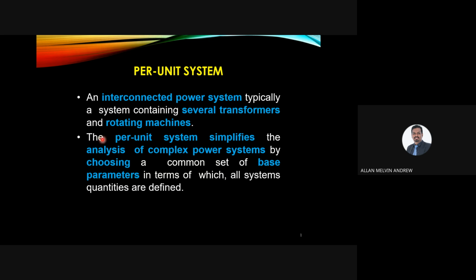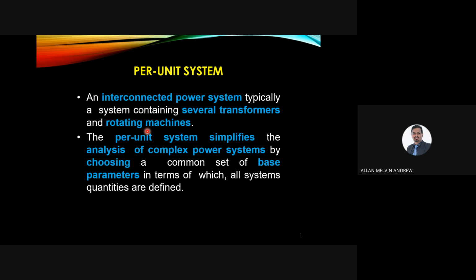So we use this per unit system, or we call it the PU system, to simplify the analysis of a complex power system by choosing a common set of base parameters in terms of which all system quantities are defined. Okay, so whatever things are in the electrical circuit calculation, will be converted to the per unit system to simplify the process. So that is why the per unit system is very important.